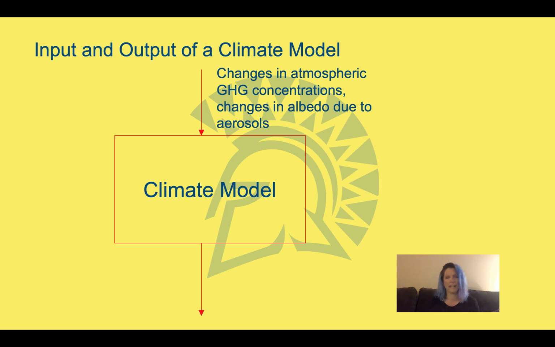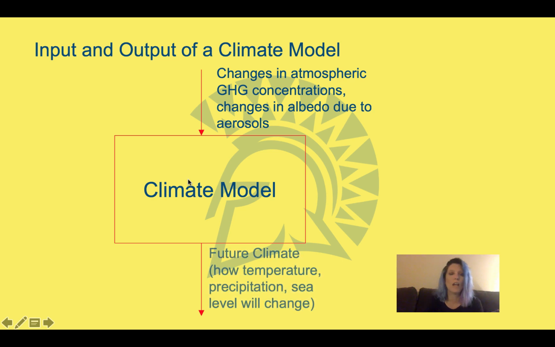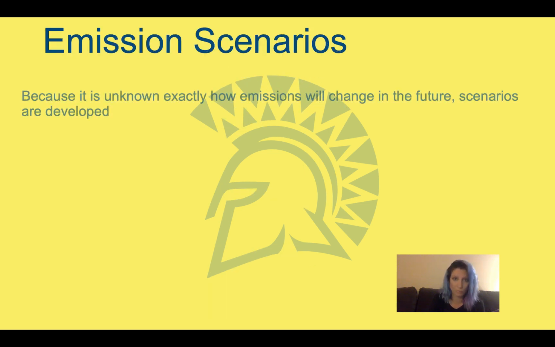These are going to be examples of what we might use as input, and then we're going to send it to the model. It's going to do all these grids, and it's going to do these equations, and then it'll output how temperature, precipitation, or sea level might change. So it's going to give us different numbers on different things and tell us how the changes will happen or might happen.